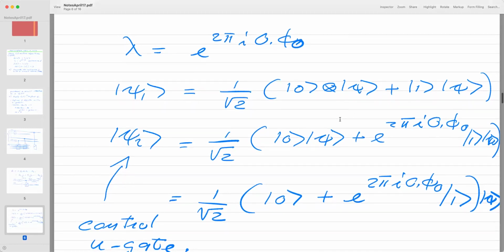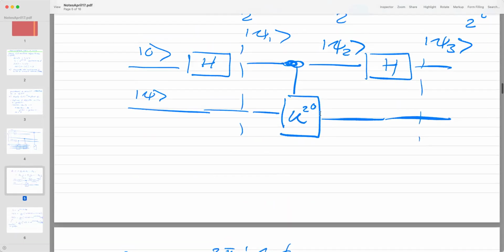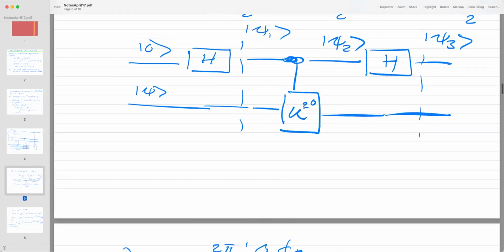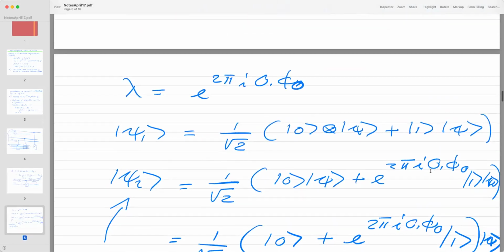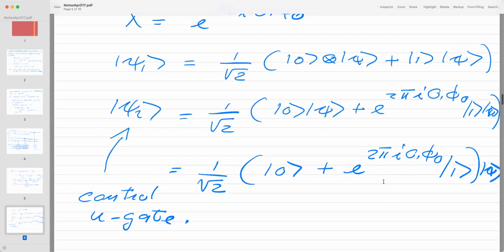When you perform the controlled U-gate, which is this one with a rotation, where this is 2 to the power of 0, which just gives you 1, you simply have this rotation in front of it. You end up with this state, because this factor does not affect psi, so you can put this inside. Then you have simply the 0 state, and then a rotated 1 state. That's the new state which you have.